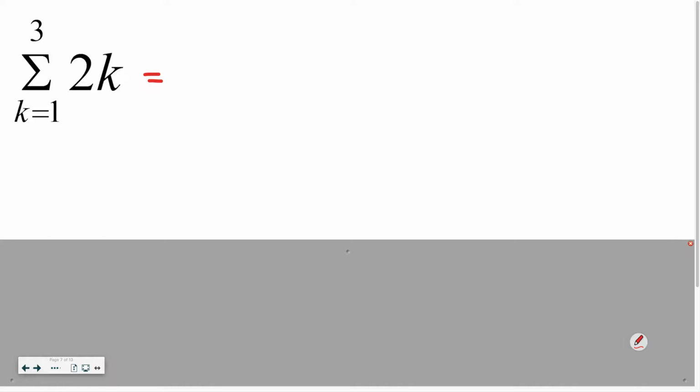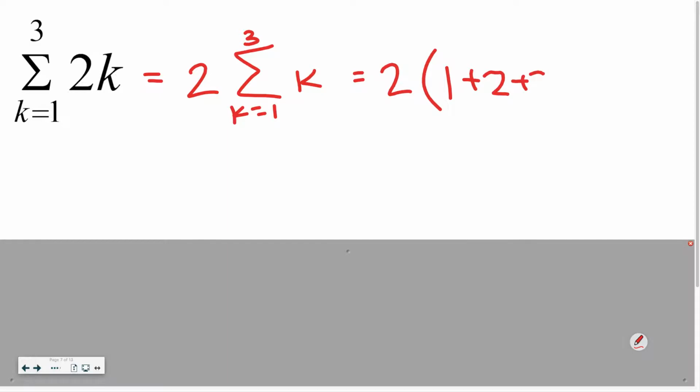Okay, so using those properties, if we have the summation from 1 to 3 of 2k, we can take this 2 out. And now we have the summation from 1 to 3 of k, and then we multiply it by 2. So we have 2 times the sum. Right now, I know you probably don't see the benefit of doing that because we did a pretty easy problem. But just trust me.